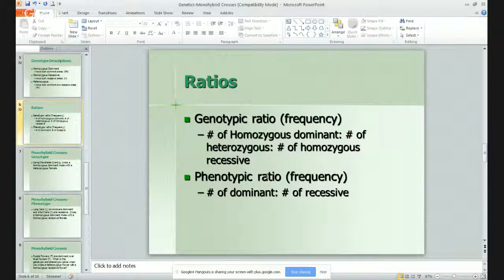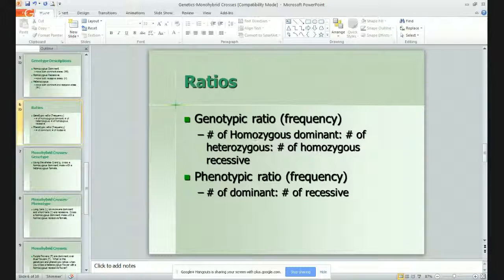In the genetics problems that we're going to do, I'm going to ask you to calculate the ratios when you do these crosses. What I mean by a ratio are these two right here, the genotypic ratio. Sometimes you'll see it called the genotypic frequency. That's a really old word, but I put it on there just in case you come across it in an upper level class. Same thing with phenotype: the phenotypic ratio or the phenotypic frequency. When I ask you to give me the genotypic ratio, I'm going to ask you for three numbers.